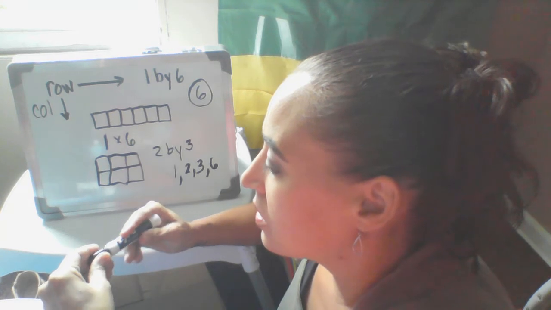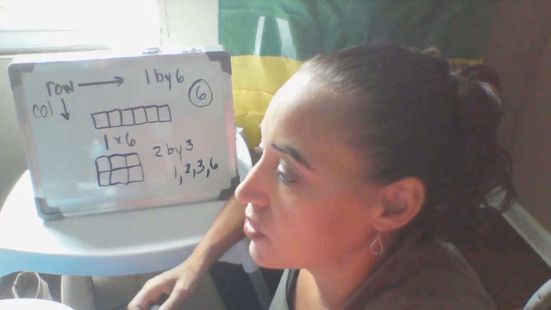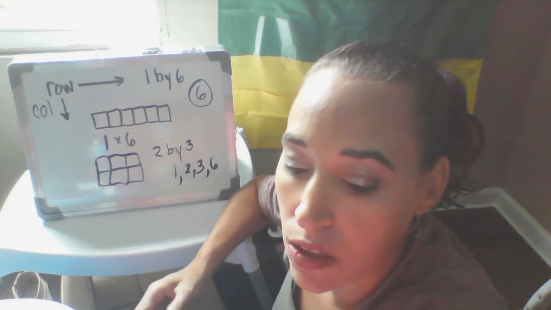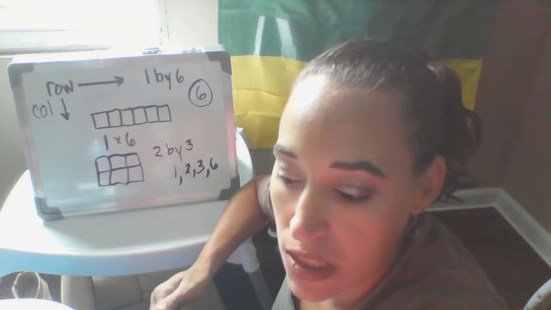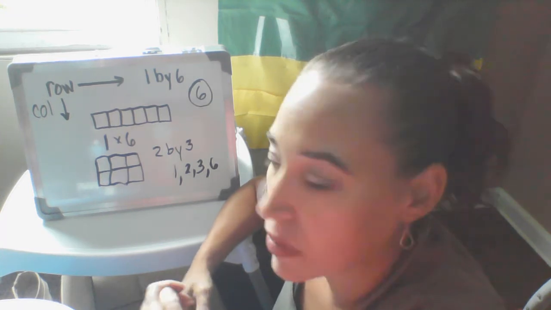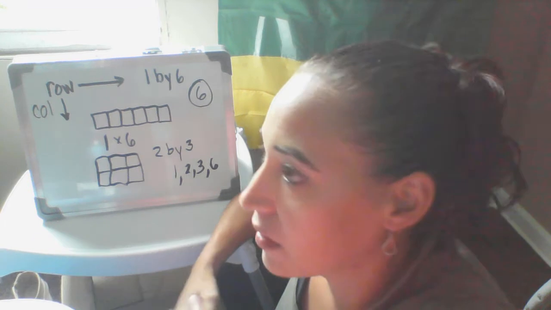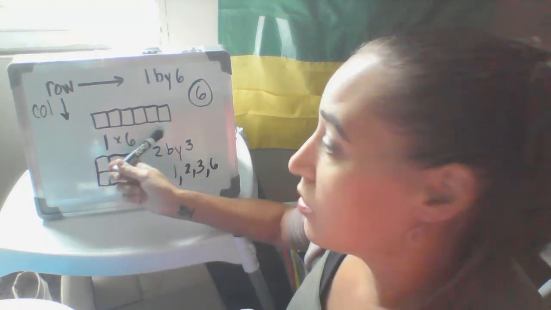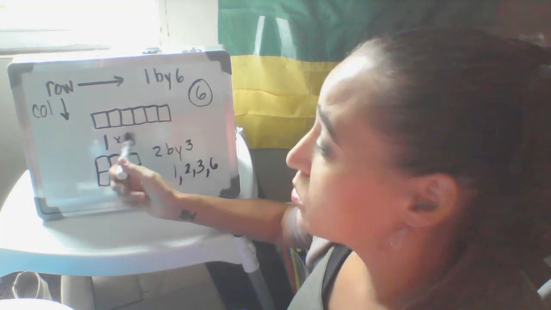This way, I think, is really only efficient for smaller numbers. Once you get into larger numbers, this way would take you forever. It's pretty tedious. If you had 456, I don't think we'd be drawing 456 boxes multiple times.